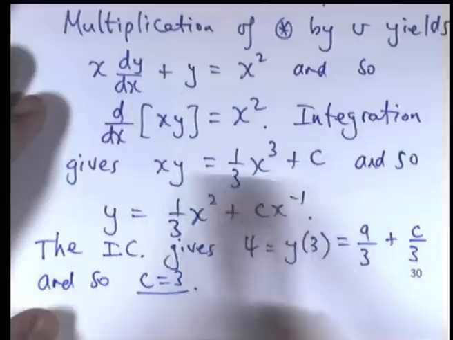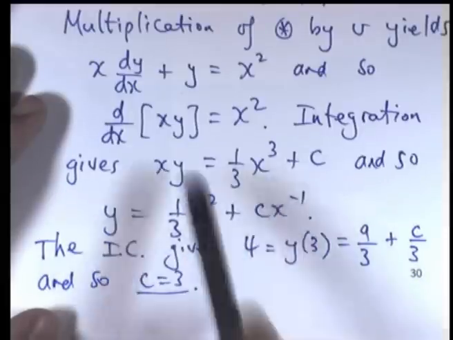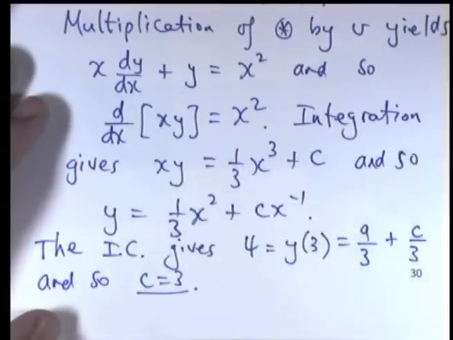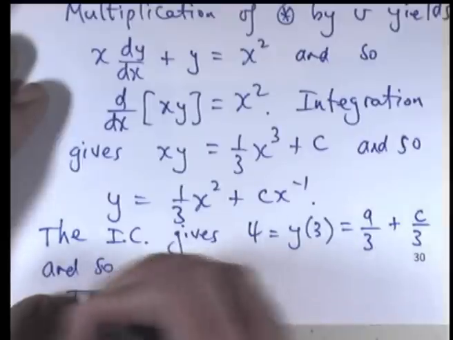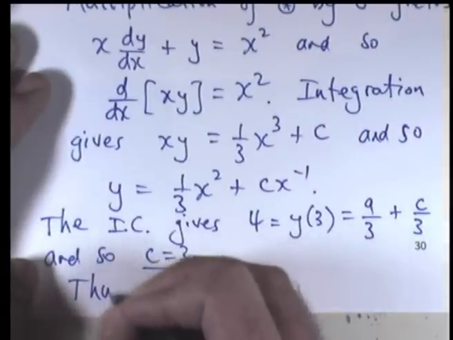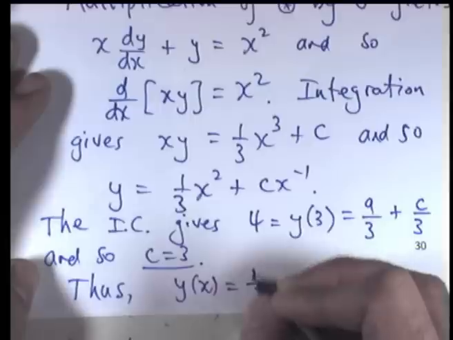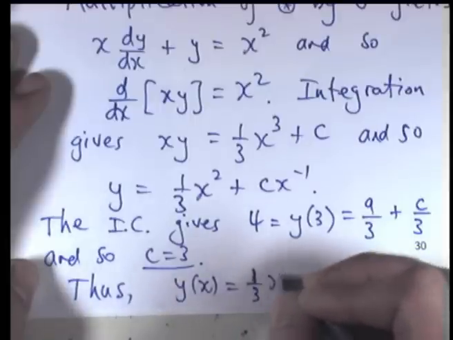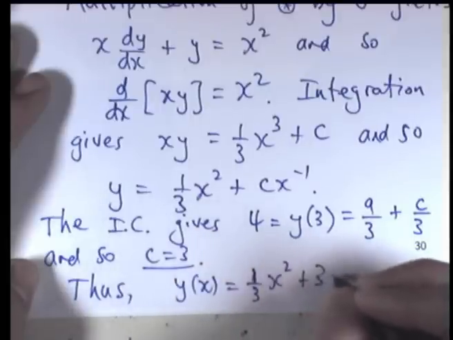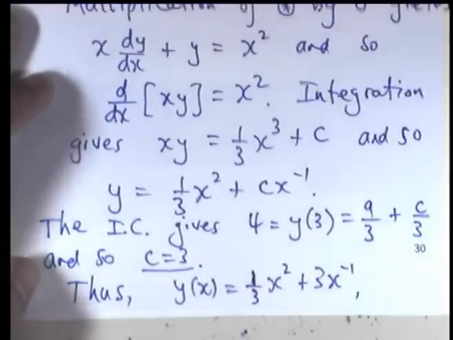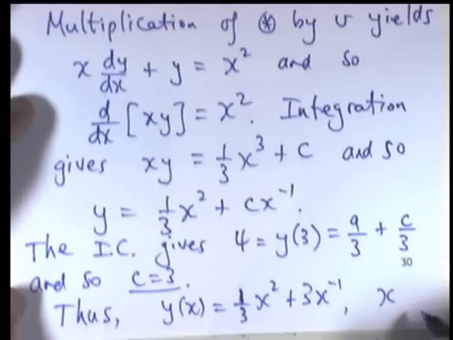All right, so what I can do now is go back to my general solution, put in c equals 3, and then I've got my particular solution. One third x squared plus 3x to the minus 1. And note that we're only interested in solutions for positive x.